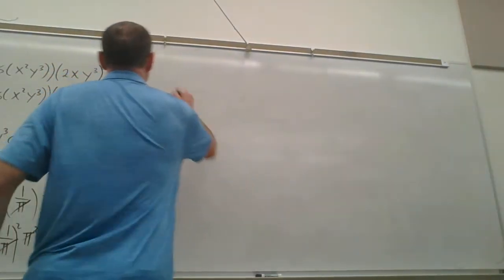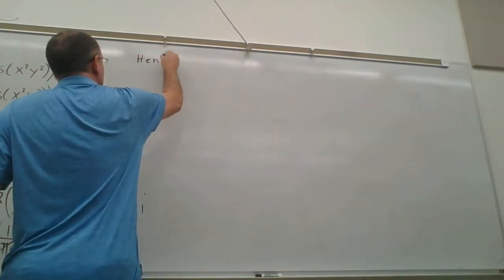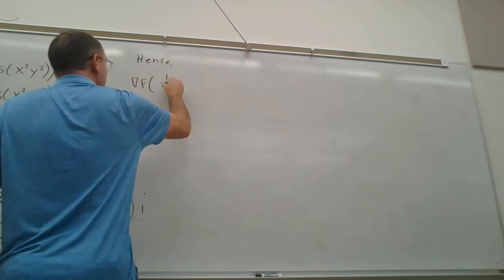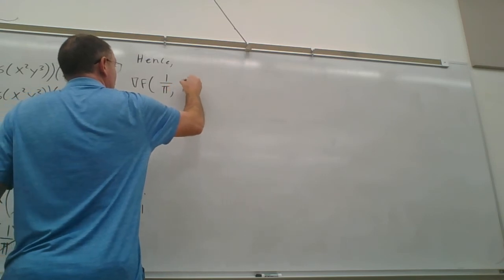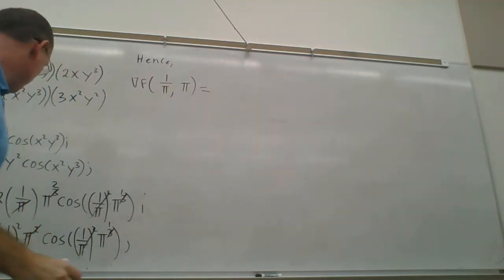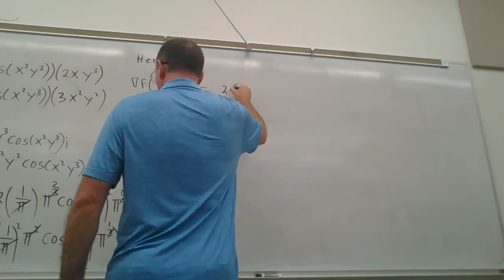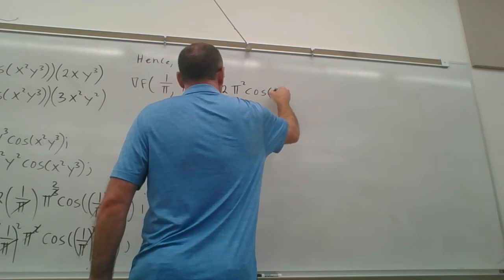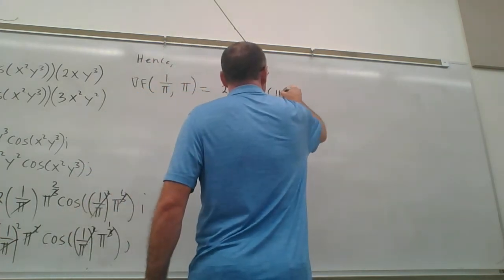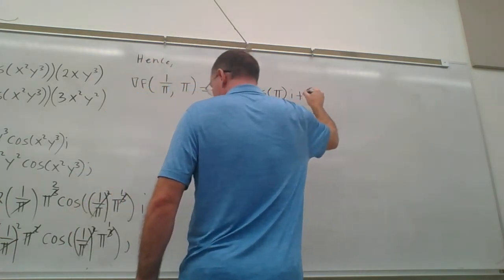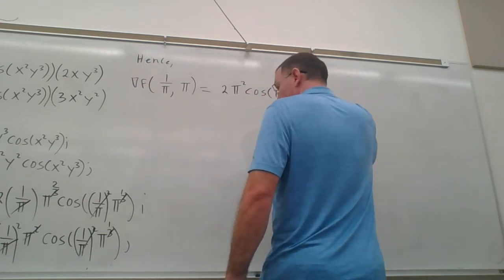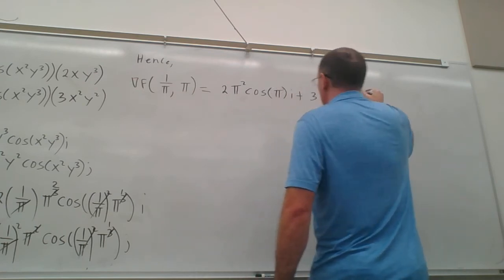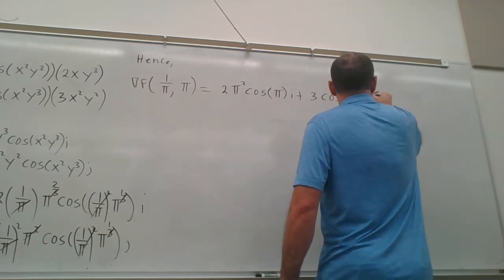So hence, our gradient at (1/π, π) becomes then 2π squared cosine of π i direction plus 3 cosine of π j direction.